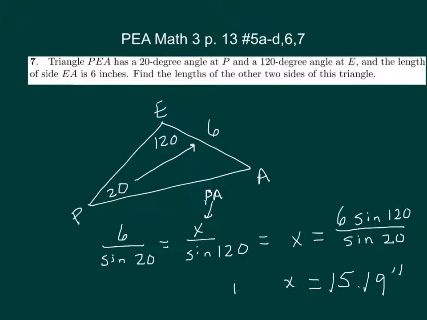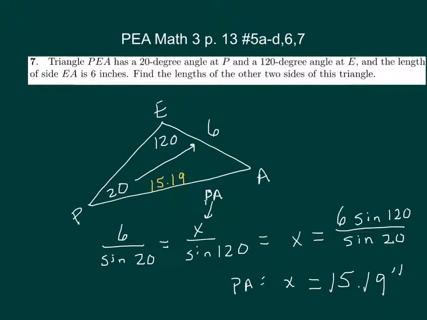And that's PA. One thing I should say, if there's an issue here, most of the time it's not having your calculator in the right mode. If you have the calculator in radian mode, you're going to have a problem. So just make sure it's in degree mode and you're good.